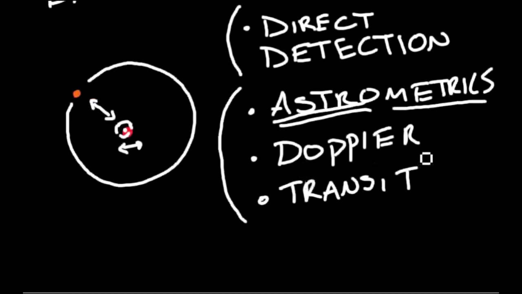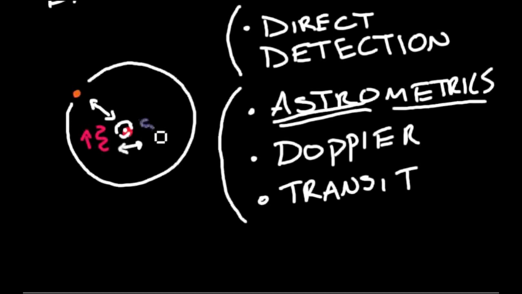The Doppler method is also looking at this, taking into account that this movement is happening. But instead of measuring the position of the star, it's looking at the light that we receive from the star. So let's say that we see the light is slightly redshifted. Then we know that the star is moving away from us.